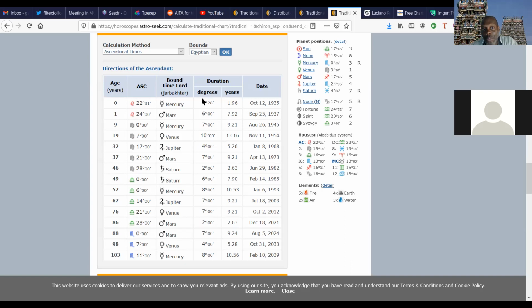The amount of degrees that is left is what's actually converted into ascensional times, and this is how many years it represents.